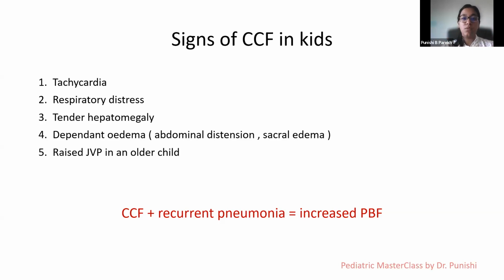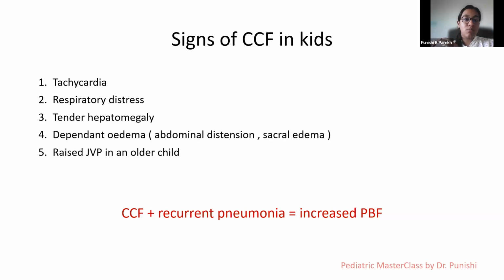So remember, if you have in your history that the child has recurrent pneumonias or recurrent LRTIs requiring multiple admissions, at the same time he has failure to thrive, and the mother also gives you a history of suck cycle, all of these signify that this is a lesion with an increased pulmonary blood flow.